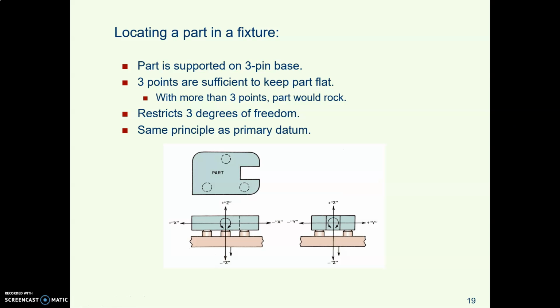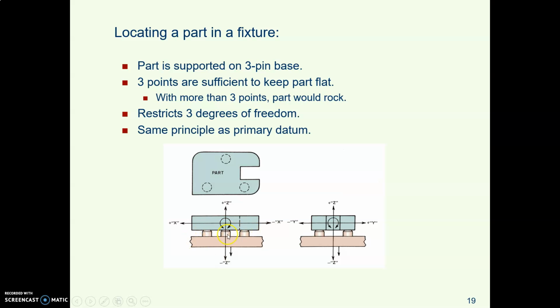So here's a picture out of a jig and fixture design handbook talking about the 6 degrees of freedom if you are stabilizing this part so that you can work on it. So first, think of this as being like the primary datum. 3 points of contact.